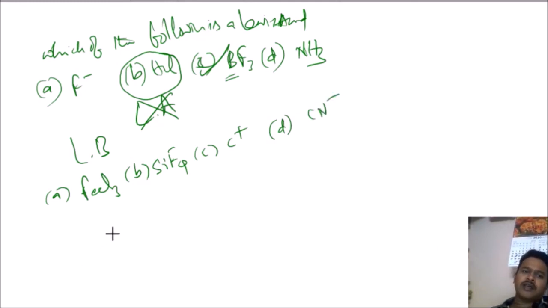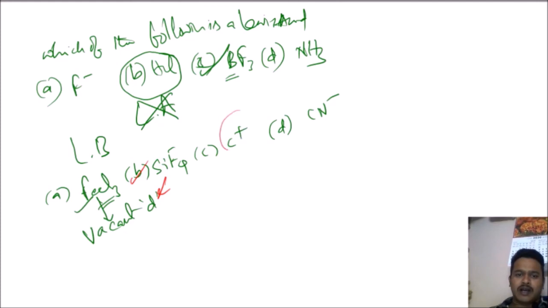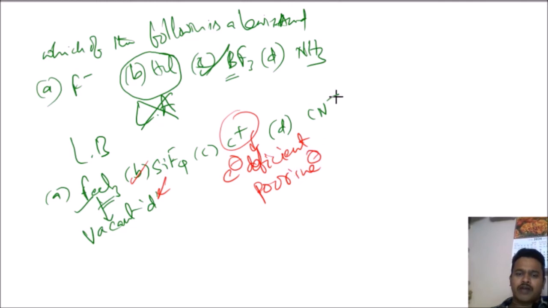FeCl3 is a Lewis acid because due to the vacant d orbital it can expand its configuration and accept. SiF4, same reason, is also a Lewis acid. Carbocation is a cation with positive charge, electron deficient, so it can accept an electron pair, hence a Lewis acid.